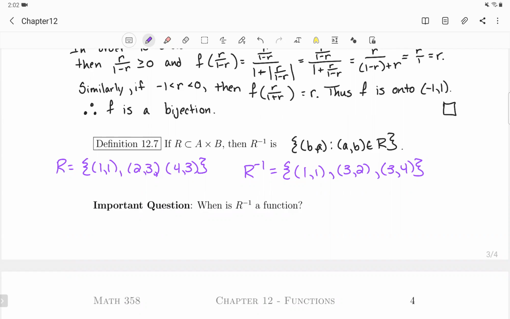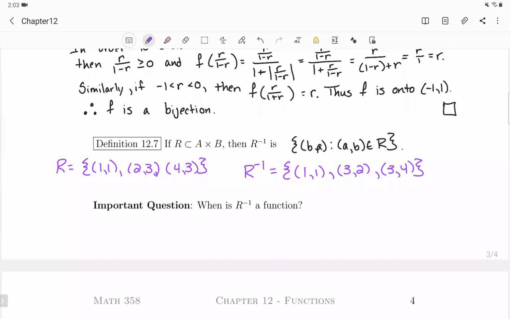So with these relations, do either of these, or both, or one of these qualify as a function? Assuming you're covering the whole domain, is R a function?